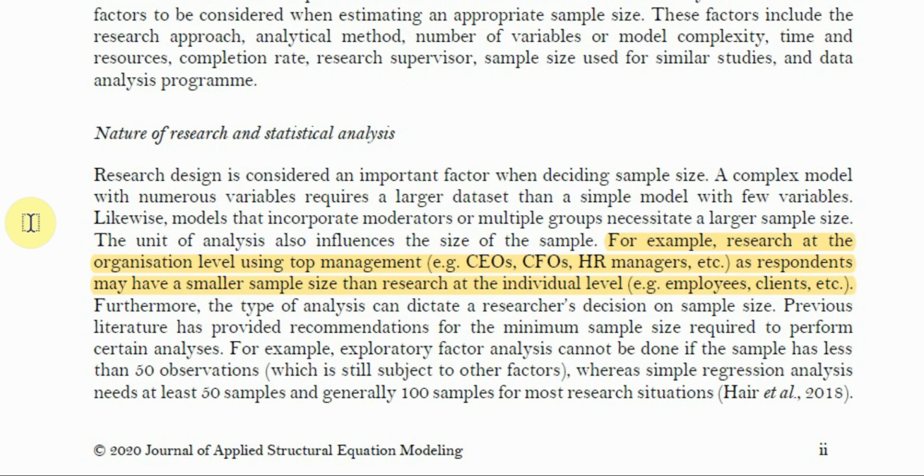In that case, obviously, you cannot have a sample size of 200 people. Or maybe you are conducting your research on the top 1,000 companies listed in the stock exchange in your country, and you are asking people that hold the top positions or are from the top management. Then obviously, you cannot have a sample of 300 people. In that case, your sample size will be much lower than 200 or maybe even 150 respondents.